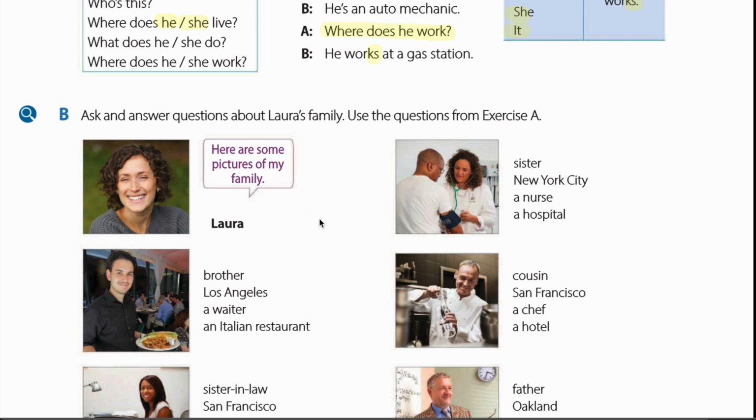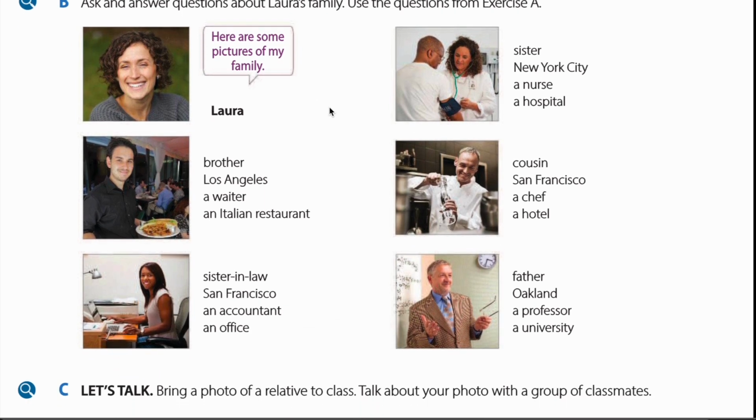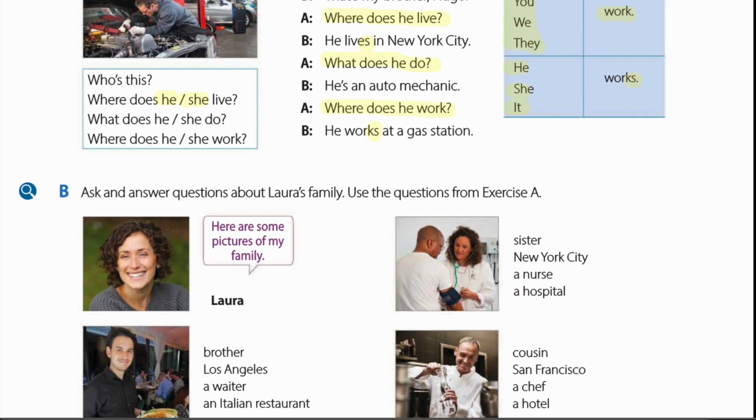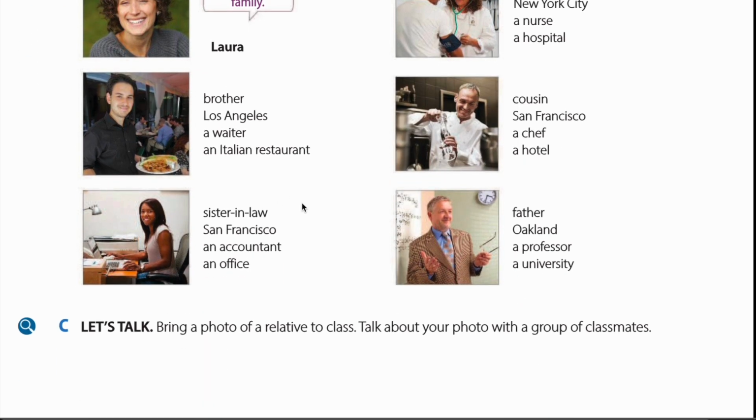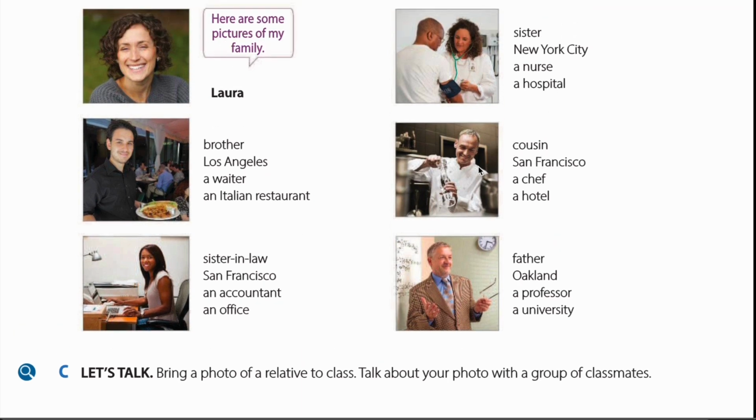So now let's move on to exercise B. This activity is going to be done in class, but be prepared because you're going to have the same conversation model here, but you're going to use these pictures, okay? So here is Laura, and here's some pictures of her family, okay? So you have her brother, this is her sister-in-law, this is her sister, this is her cousin, this is her father. And that's where they live, what they do, and where they work, okay?